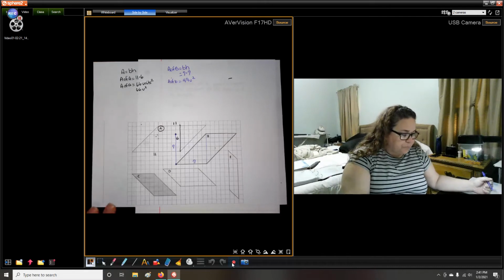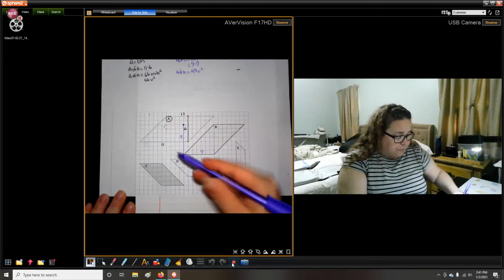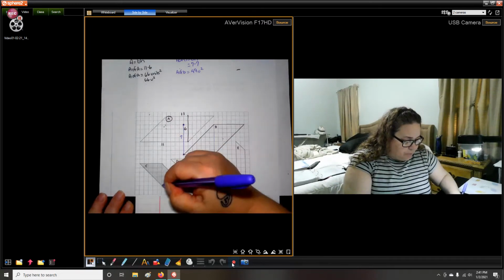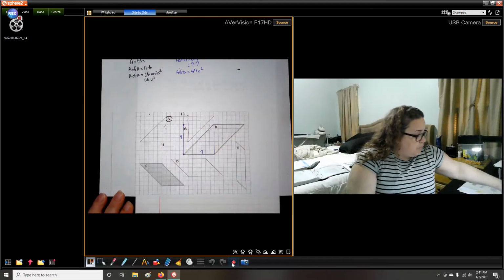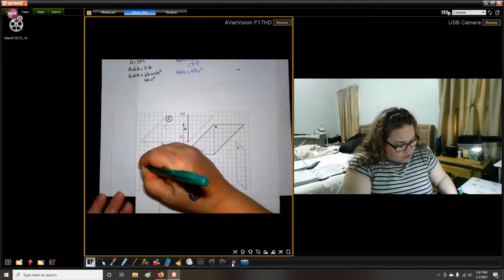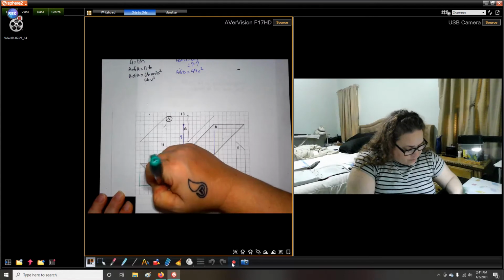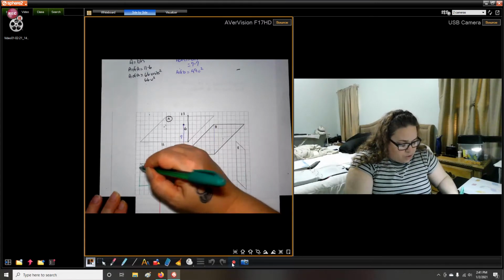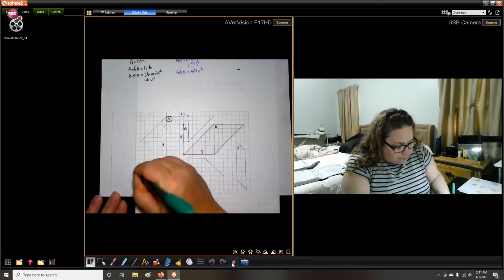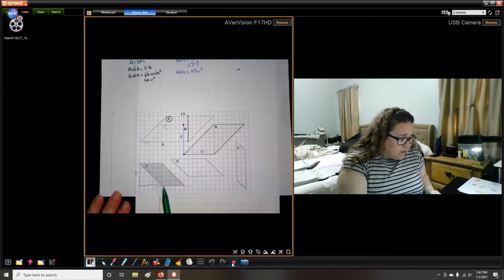Okay? Alright, looking at C. Again, I can find my height by going up through the shape, or I could decide to come over here to the side, and now I can use this line. Okay? 1, 2, 3, 4, 5. But remember, when you're doing the base, you're only counting 1, 2, 3, 4, 5.